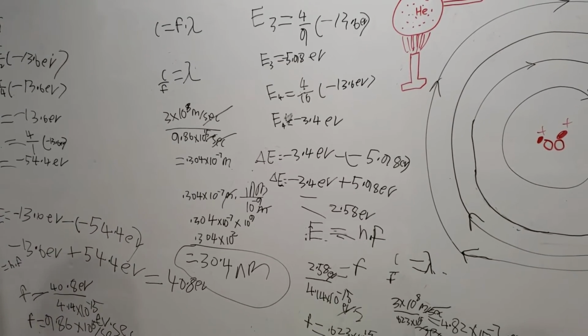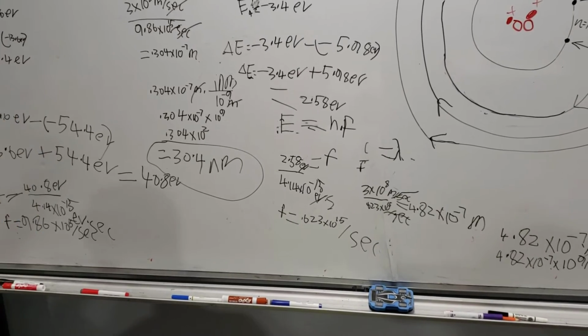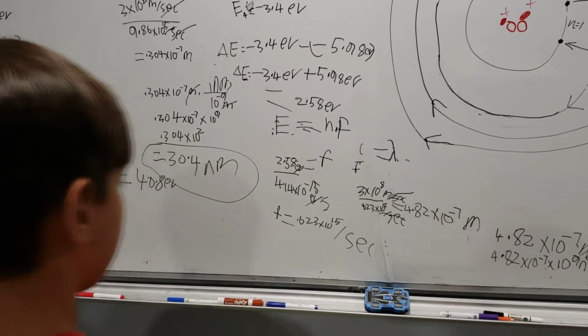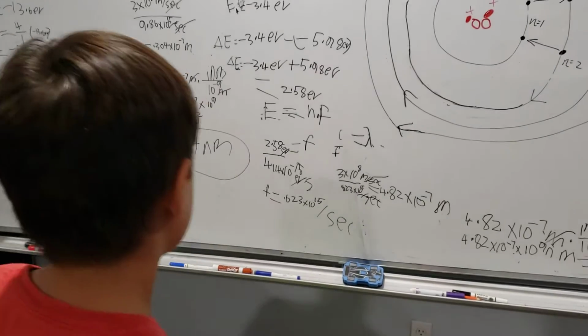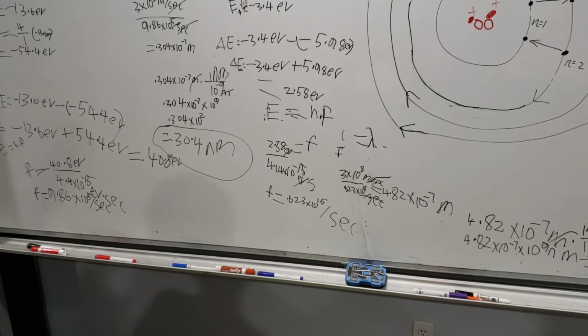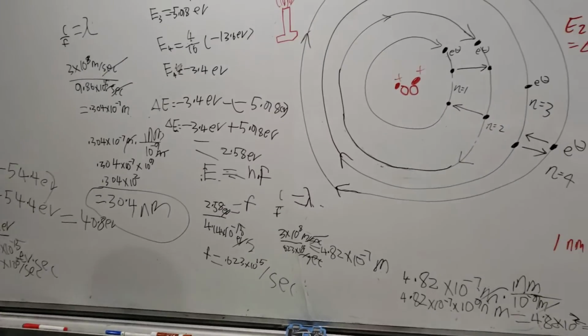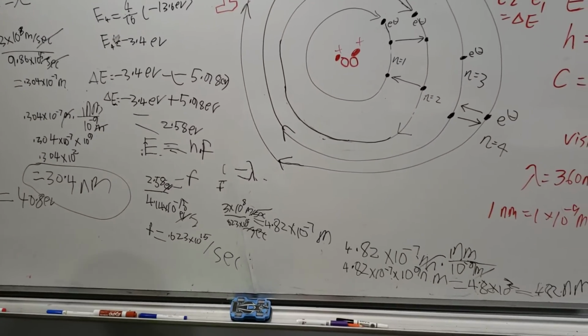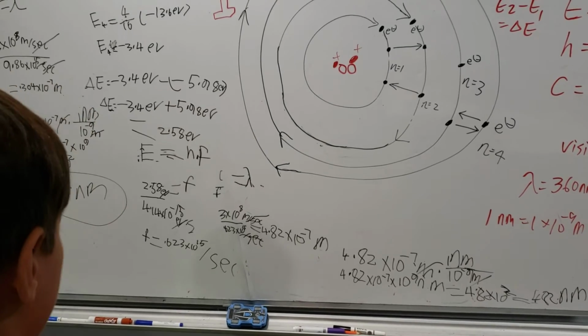Okay, so next you need to find your frequency. So the frequency is 0.623 times 10 to the 15th power per second. And then you need to find your wavelength. How do you find your wavelength?